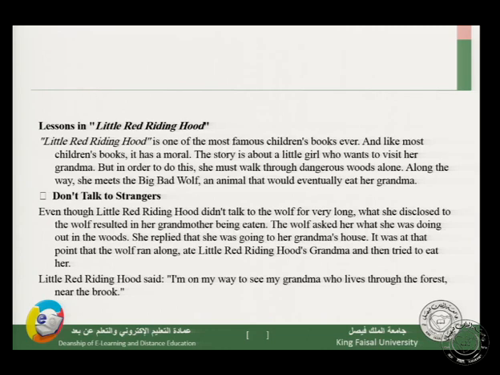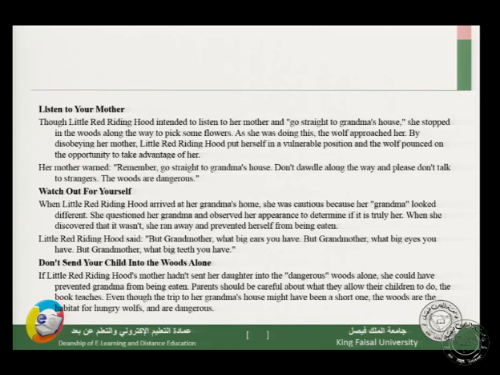They always tell their children not to talk to strangers, to stay away from strangers, because it's dangerous and may lead to trouble and even death. So this is the first lesson. And then lesson two, listen to your mother. Children are always advised to listen to their parents in general, mothers, fathers, whoever.